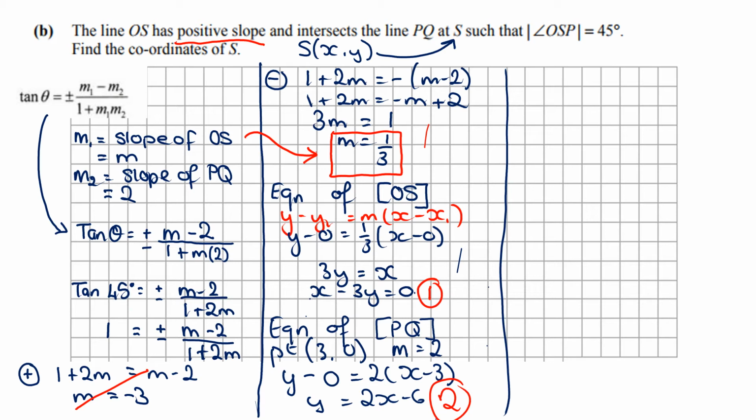And we're going to get the point of intersection by working with equation 1 and equation 2. So equation 1, x minus 3y equals 0. This is 2x minus y is equal to 6.